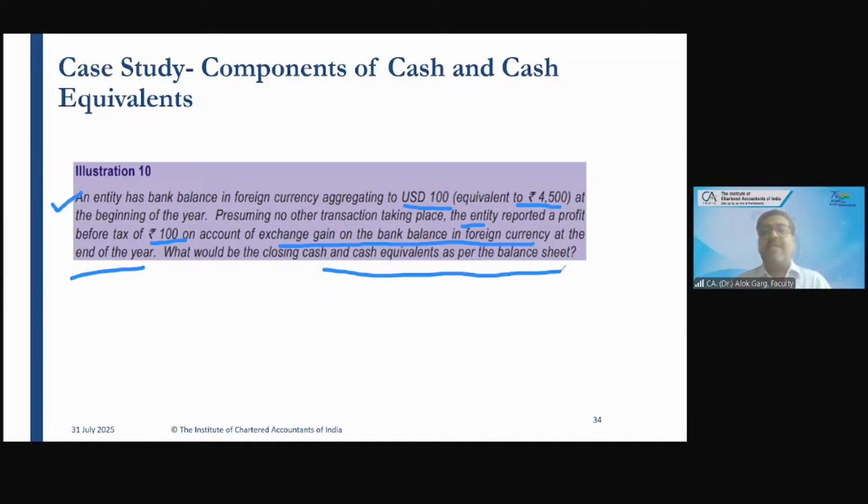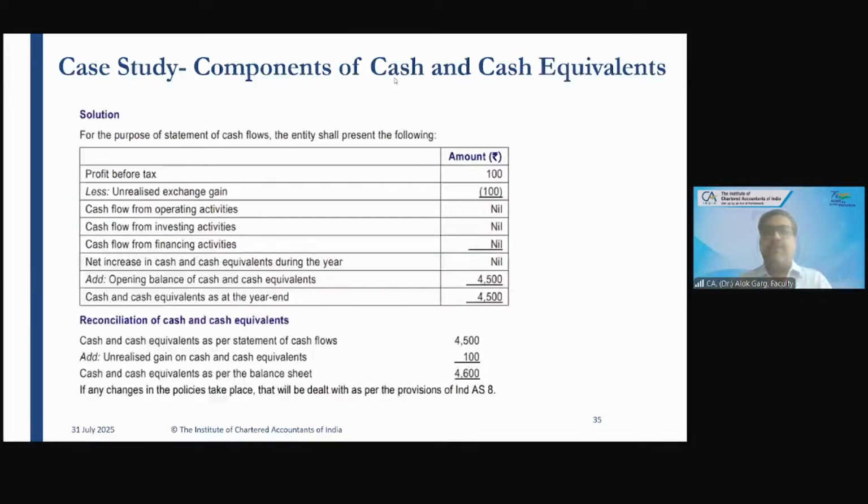What would be the closing cash and cash equivalent as per the balance sheet? So no transaction, only the foreign currency bank balance, unrealized forex gain of 100 rupees. So your profit before tax is 100 rupees, but there is an adjustment of non-cash item of 100 rupees, right? So cash flow from operating activity is zero, investing and financing is zero.